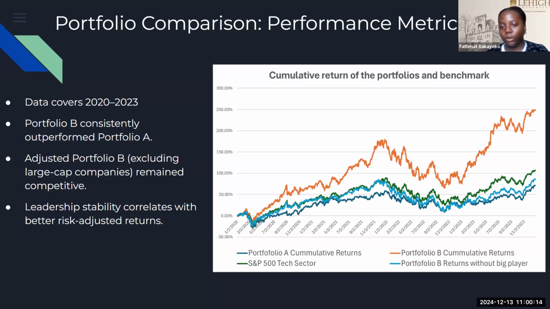As you can see on this line, which represents portfolio B without these big players, it still outperformed the companies that have more than average senior personnel changes in the period. From that, we can infer that leadership stability correlates with better risk-adjusted return, and senior personnel changes could be a meaningful signal.